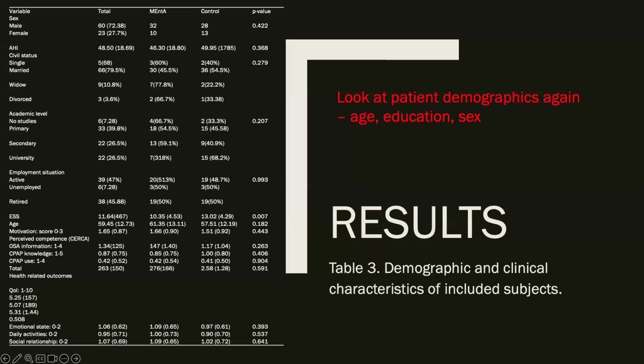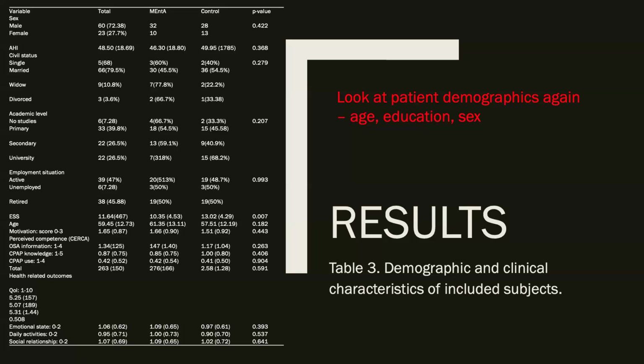So just looking into the previous slide that I've mentioned before, I don't really think it's very specific to our current population. Most of the patients that they had were, for example, 79% of them were married, primarily male. Most of them completed primary school only.